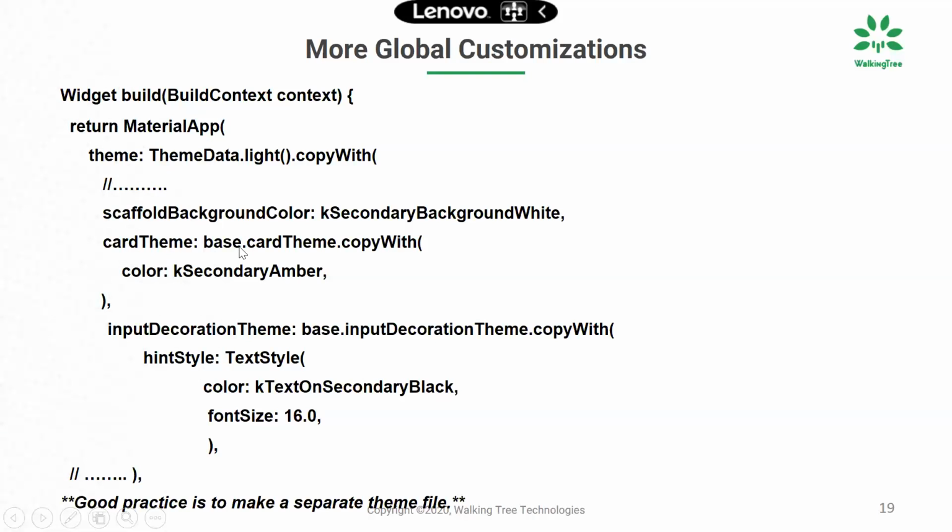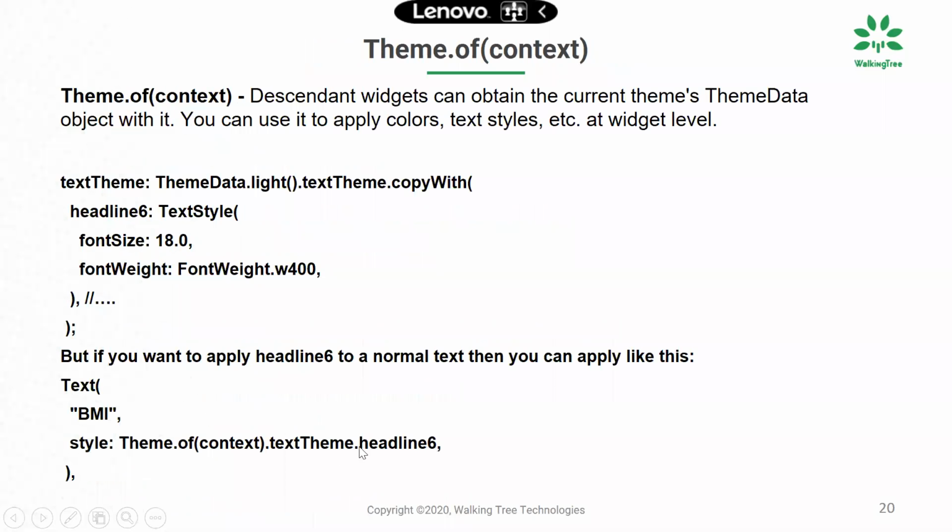Don't just start with card theme, because then the whole card theme you will have to configure. So all of them we start with copy with, and then we put the properties. So the previous ones, other ones will be there, and only these new values will be overridden. Input decoration theme for the text field, hint style I wanted in some other color, like this.